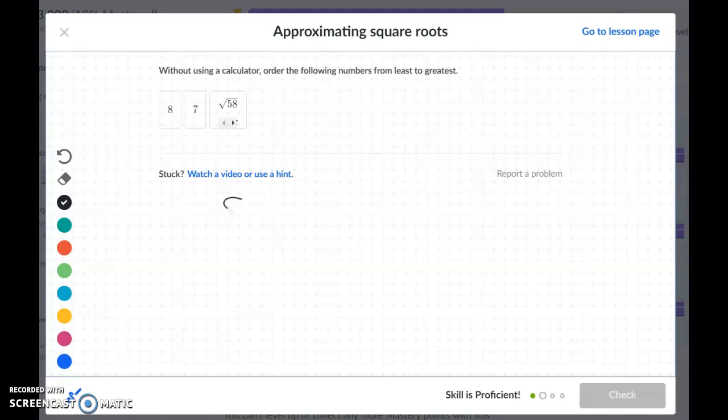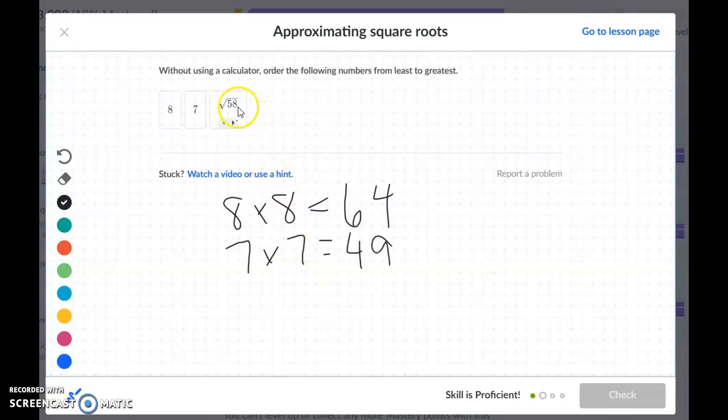I'm going to start at 8 times 8. That is 64. So that means the square root of 58 is less than 8. 7 times 7 is 49. So that means the square root of 58 is more than 7, but less than 8.